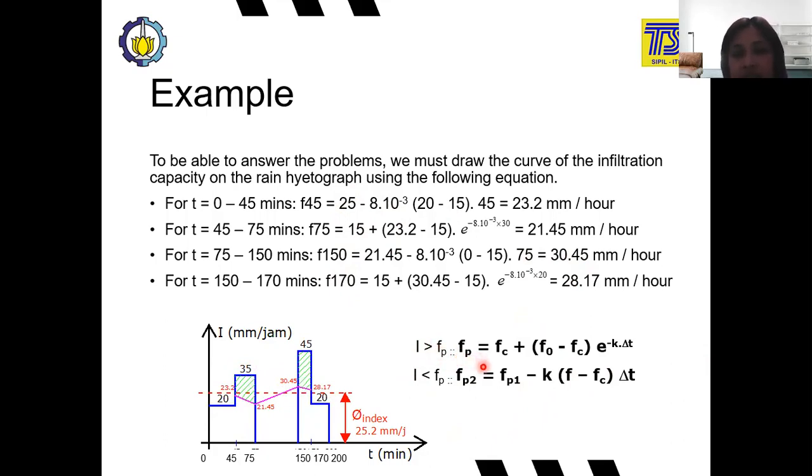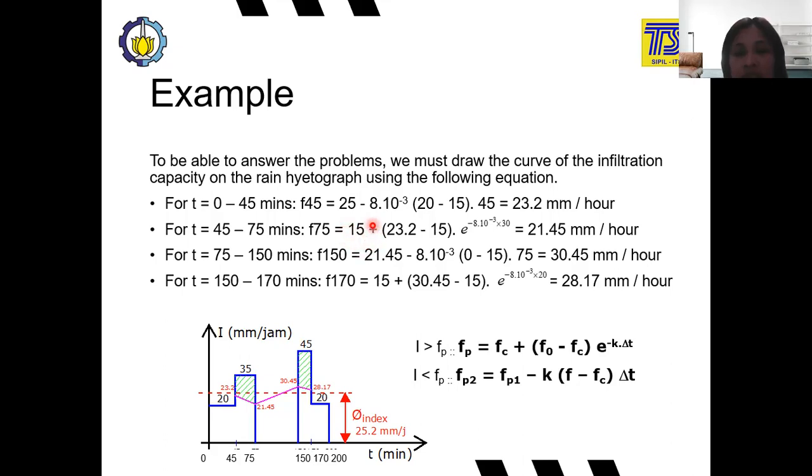So we use this equation because I is bigger than FP. We can use this Horton equation right here, the original Horton equation. And then we put in the numbers.